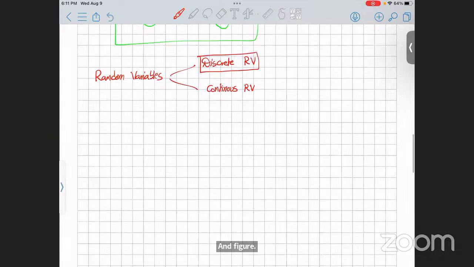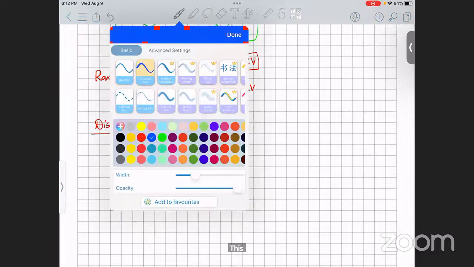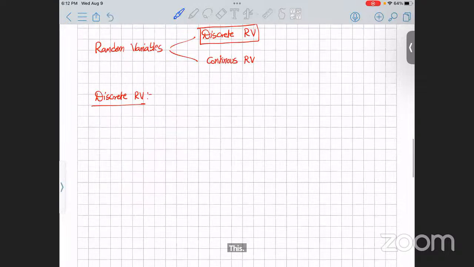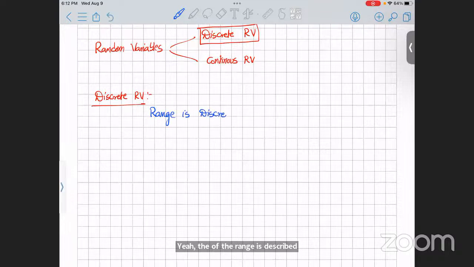Now we'll discuss discrete random variables. Here, remember the range is discrete. How to always check? Range is discrete. When the range is discrete, it is said to be a discrete random variable.